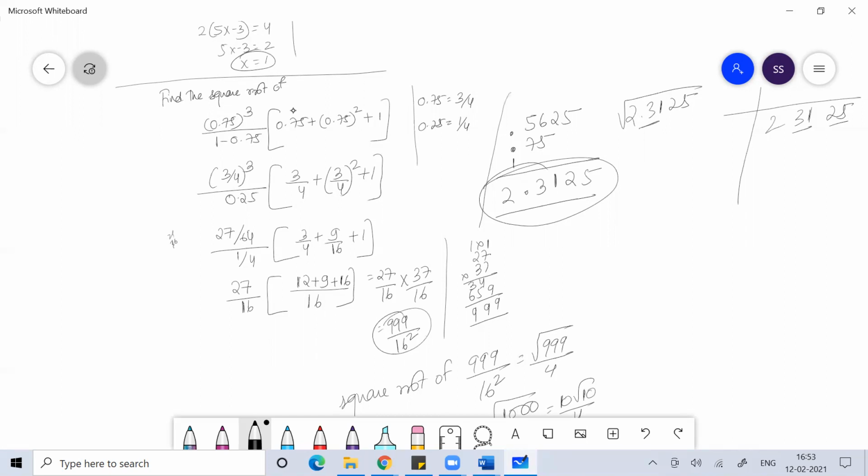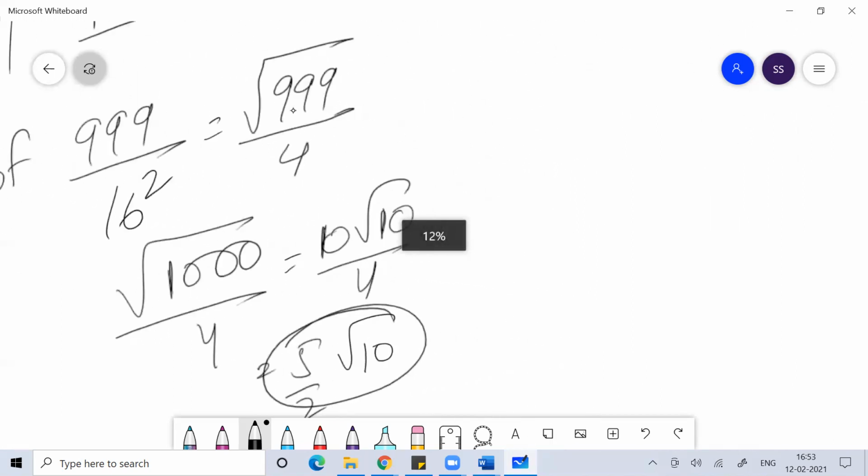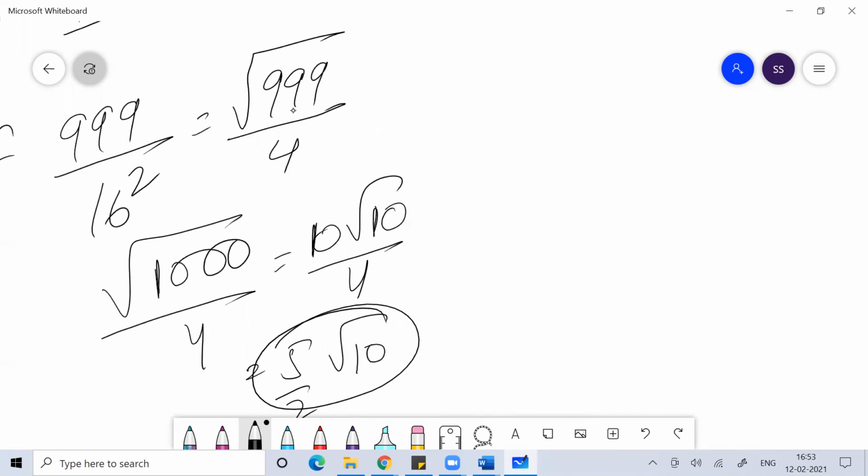We take LCM 16: 4 fours are 12, plus 9, plus 16, so 28 plus 9 is 37. 27 into 37 by 16 into 16, and you have to find the square root of that. So your answer is 5 by 2 root 10. Clear, everyone? Any doubt?